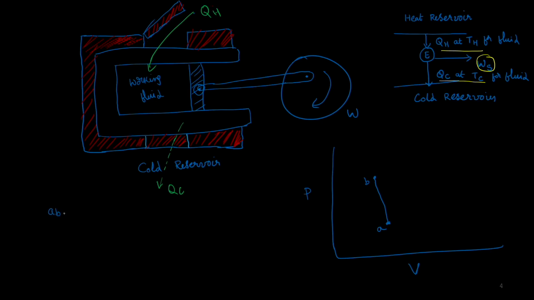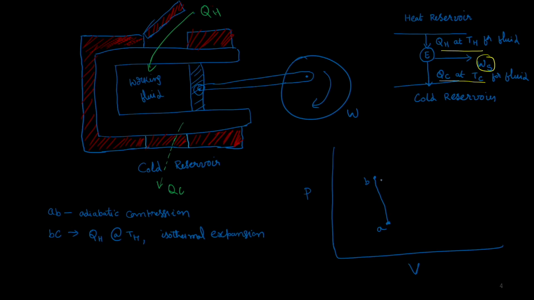So let's write this down. A to B is adiabatic compression, and B to C is expansion, QH at TH. It exchanges that heat isothermally and expands.